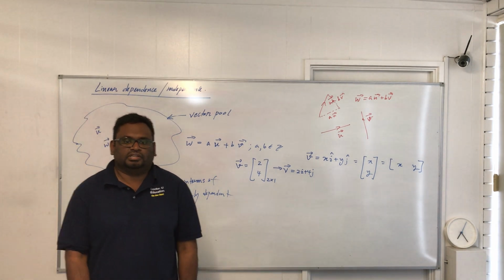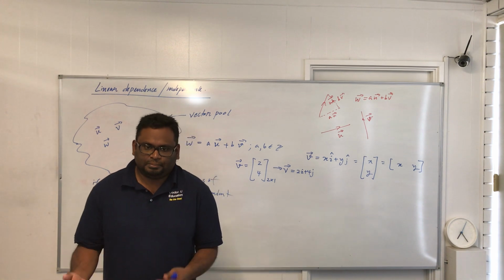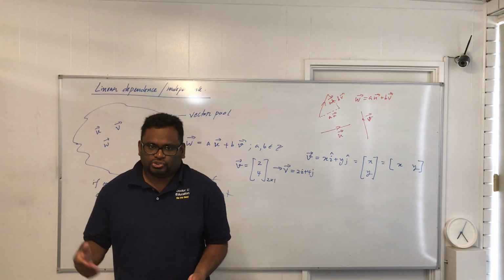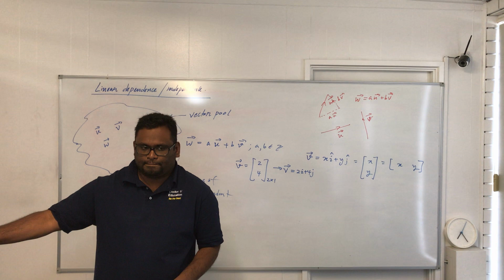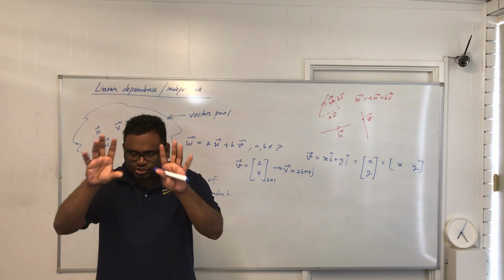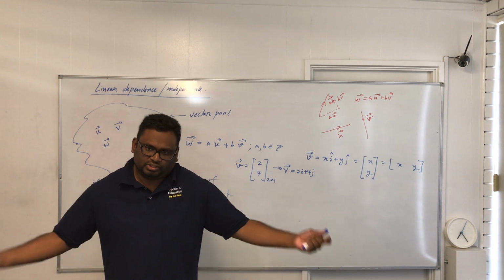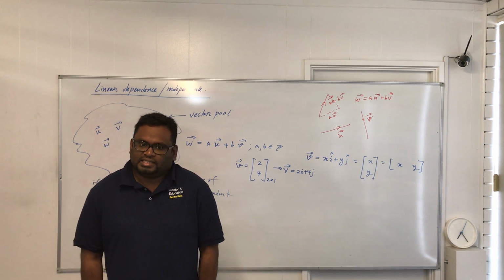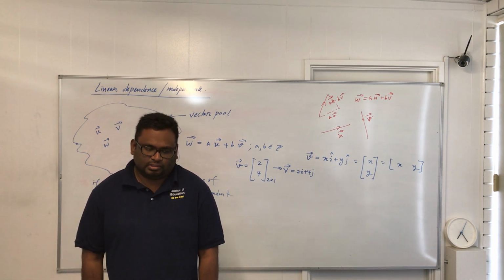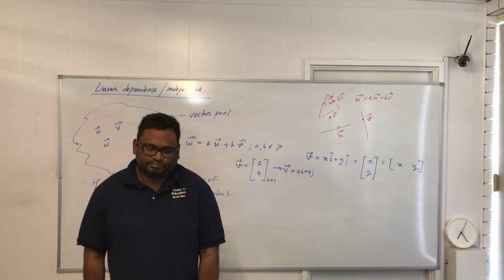That's how you figure it out. But when it comes to exam questions, the setup is different, but basically you do the same thing. You match i coefficients, j coefficients, and k coefficients, and you see whether they make sense. That's all about it.